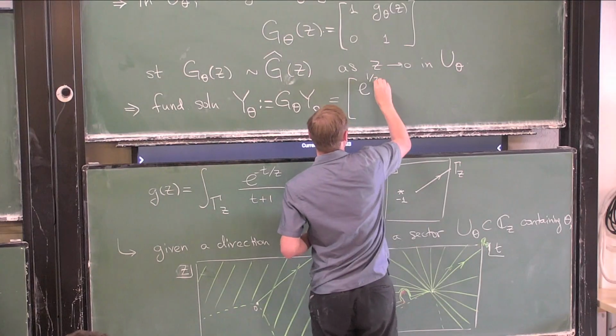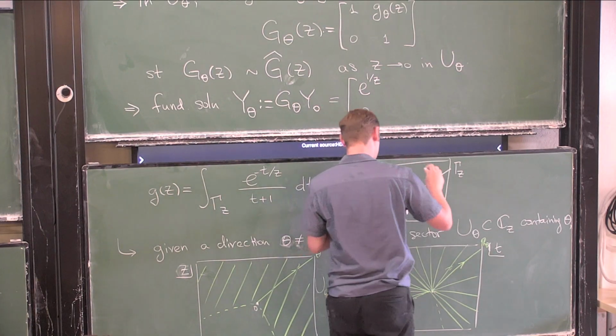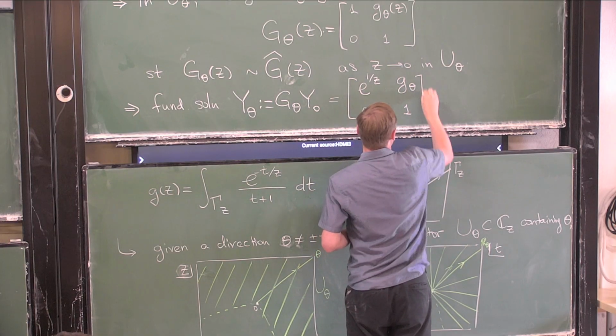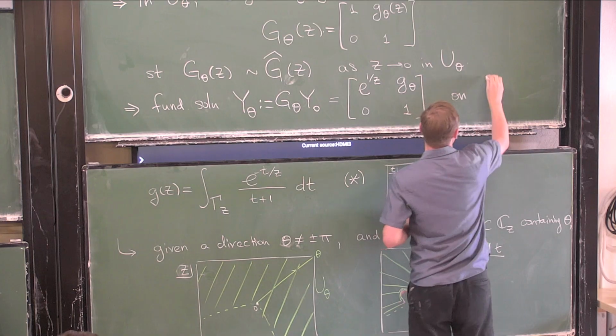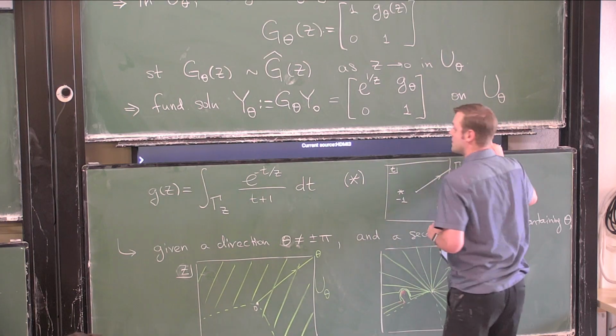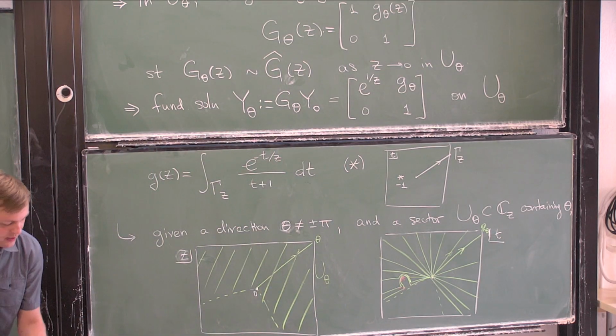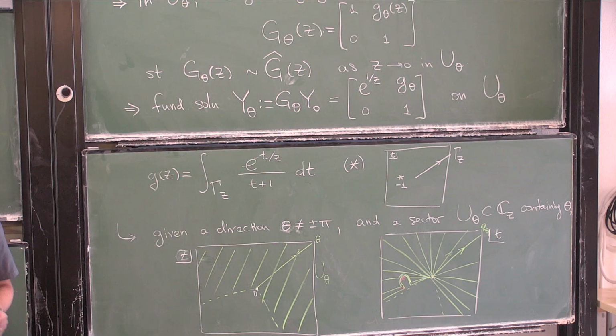It's like 1 over z, e to the 1 over z, 0, G theta 1. And this is well defined on this sector U theta. Does this make sense? What about the origin?